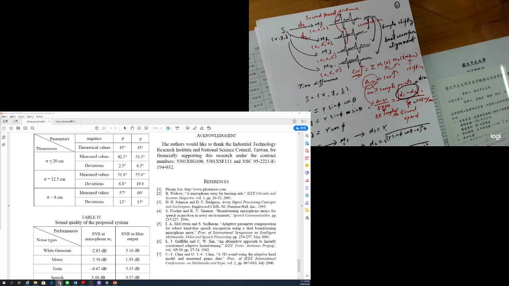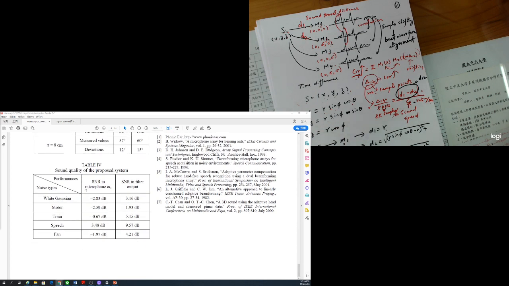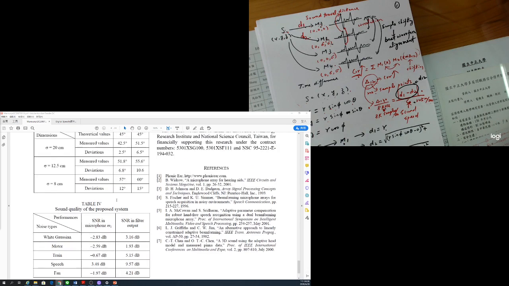If the microphone array is too small, it is a little bit confusing and the deviation will be larger. You can see that as our square microphone array becomes bigger, the edge length is bigger, which makes the resolution deviation smaller, so we can get better performance. Sometimes it could be a little bit different.